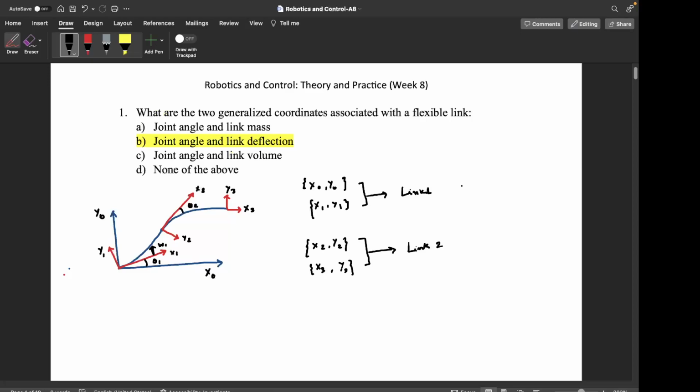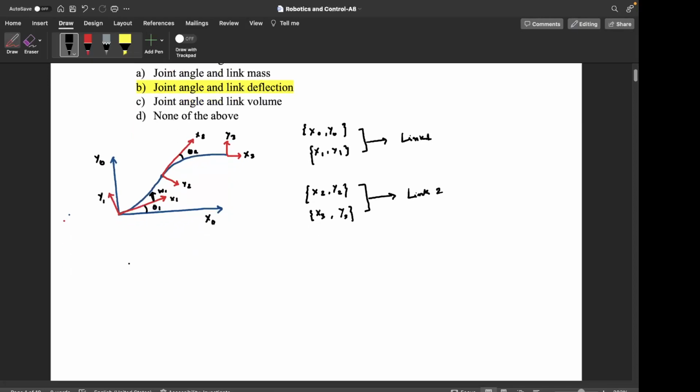So for each link, what are the quantities we need to describe that link? In the rigid case, we just needed the angles, right? We just needed theta i, the angle that a certain link makes with the preceding link.